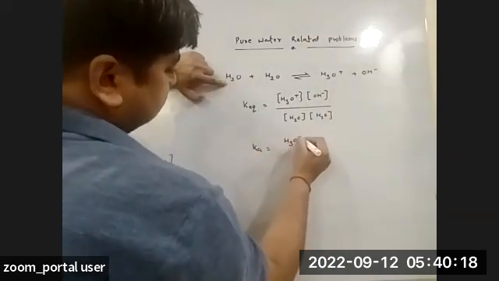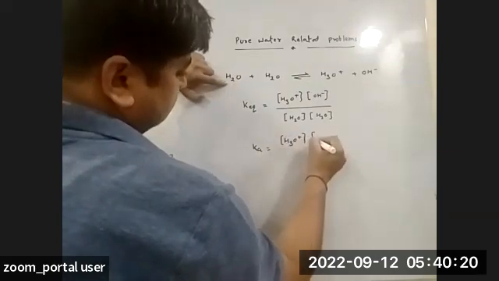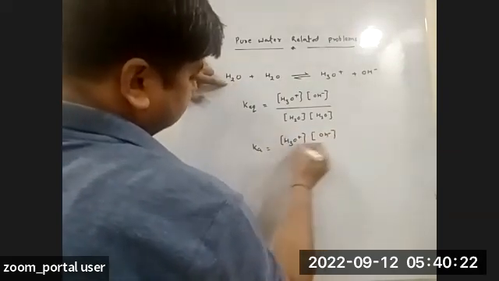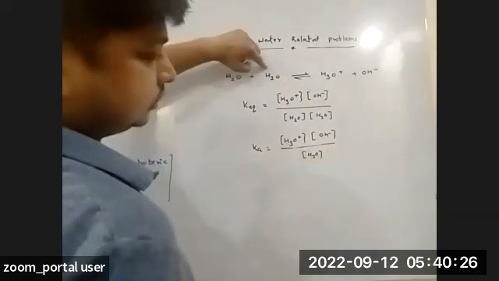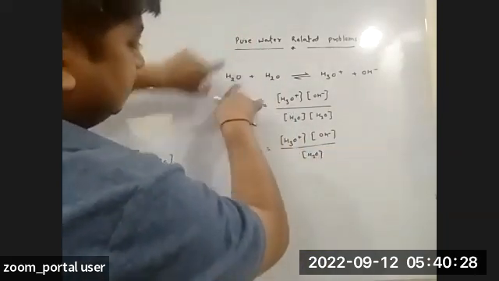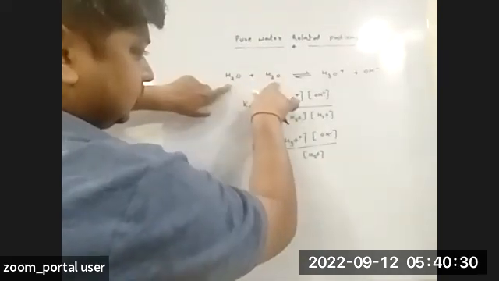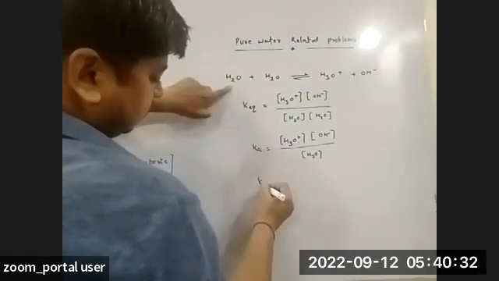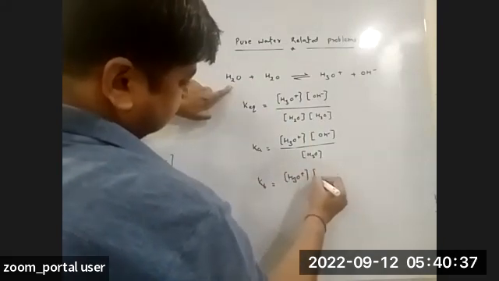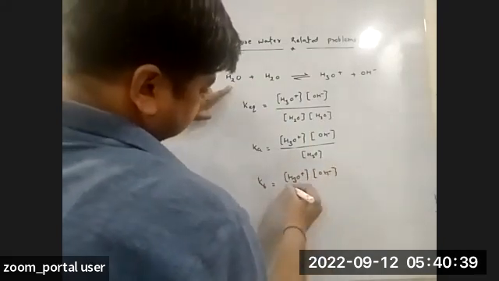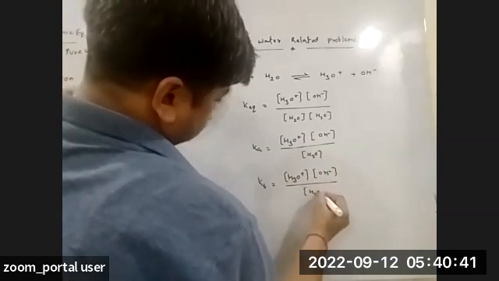Ka is basically H plus into conjugate base divided by acid. In this we will not take solvent, because if this is an acid, then this is solvent. Now we can write Kb also, H3O plus into OH minus divided by H2O. Yes or no?